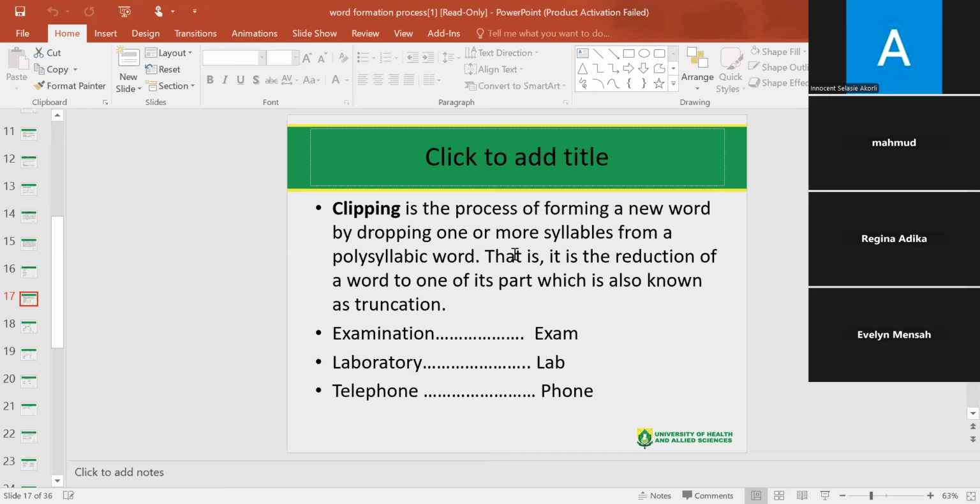Now in this case, a long word loses part of its syllables so that what is left is short. But the original long word and the newly formed one have the same meaning.